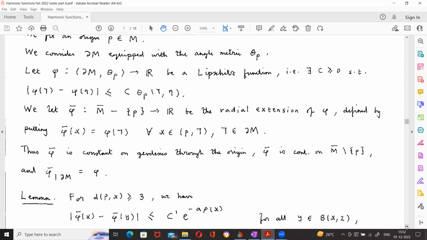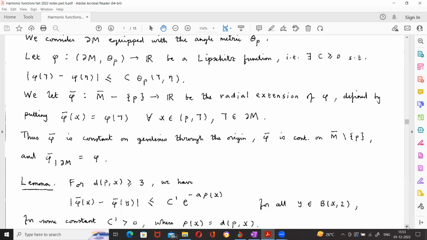So here we will do something similar to a convolution to get a smooth function. Notice though, this function phi bar is constant on geodesics through the origin. It is continuous on M bar minus the point P, and restricted to boundary M, it is equal to phi.